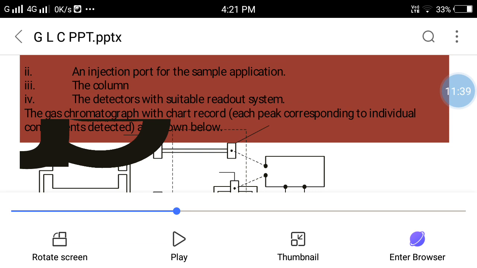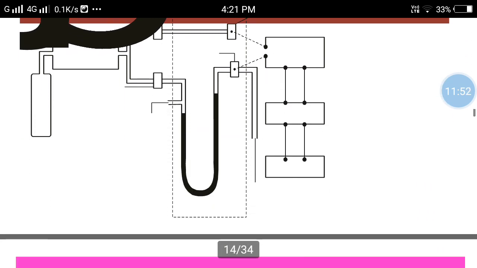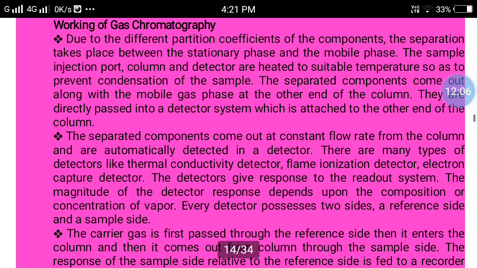Fourth is the detector with the suitable readout system, that is, the chromatograph with a chart recorder. Here, this is the figure. In this figure, the cylindrical portion is the cylinder, this is wire gauze, then this is the column, the dotted line, and it is connected to the detector, amplifier, and recorder.